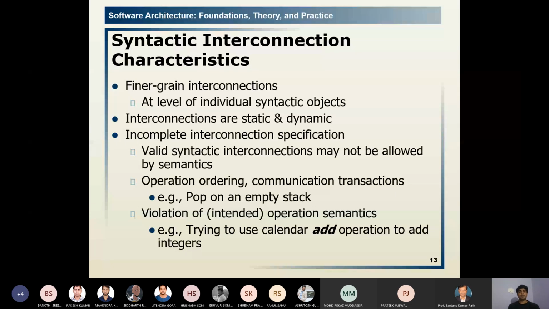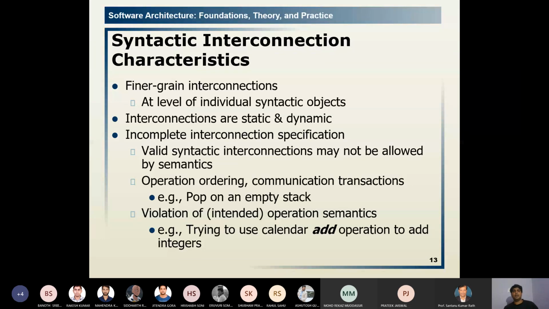So it is a valid syntactic interconnection, but it may not be allowed by the semantics. Pop on an empty stack is not possible, although each word has the proper syntax. Another is the violation of operation semantics: trying to use the calendar add operation to add an integer. It will also violate the operation's use in semantics.